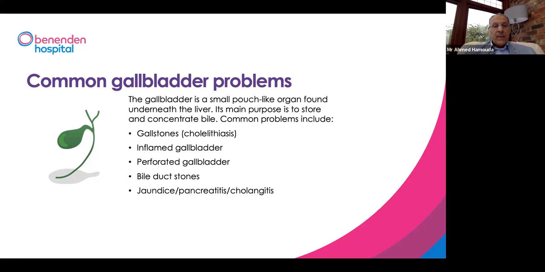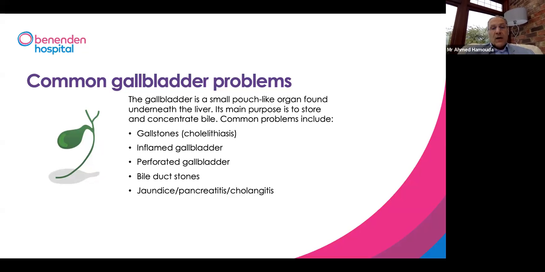and fluids. And then the stones that are in the gallbladder can move out of the gallbladder and into the bile duct. And that migration into the bile duct creates something called bile duct stones, or what we call choledocholithiasis. Choledocho meaning the bile duct, lithiasis is stones. If that happens, then you can have jaundice, where eyes go yellow, urine turns dark, inflammation of the pancreas, or inflammation of the actual bile duct itself, and that's cholangitis.